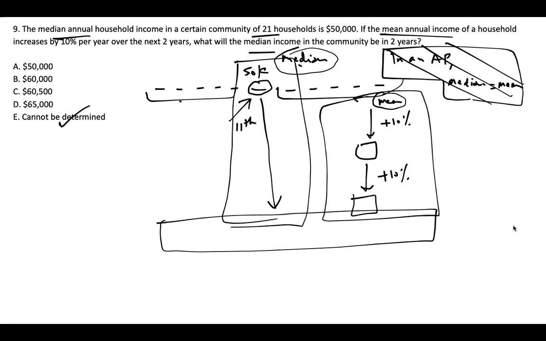Palak, can you provide a solid reasoning why the answer is E? Yeah, there can be two cases. If they're related in an AP, and that is not given here, that's why we cannot assume they're equal.